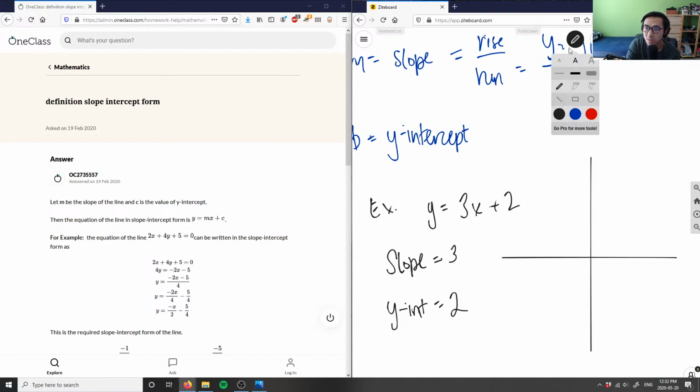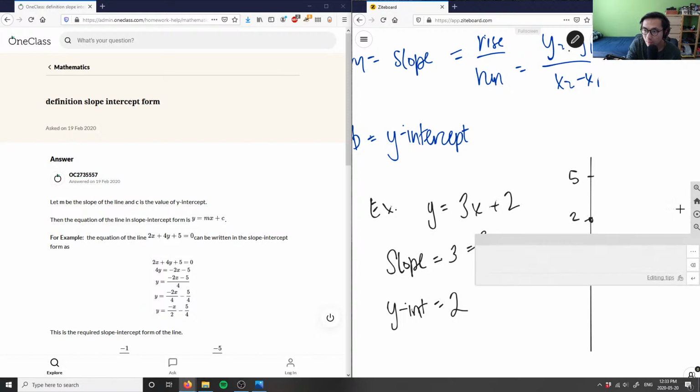The y-intercept is 2, so this is 1, this is 2, and this point is 2. So we know we have a point on the line, and we know the slope is 3. If rise over run is 3, it goes up by 3, so maybe up to 5 here, and then right by 1.